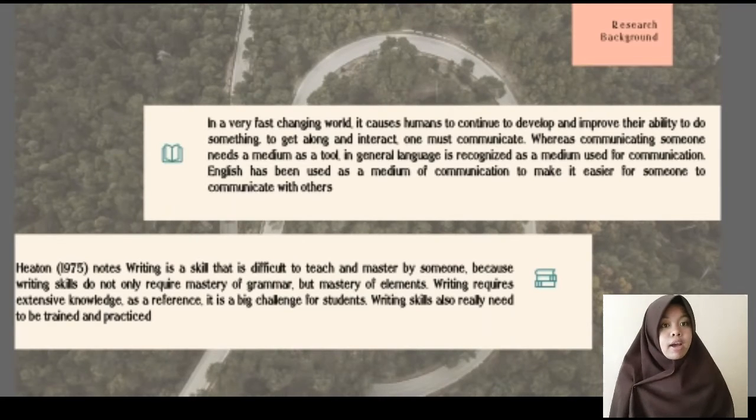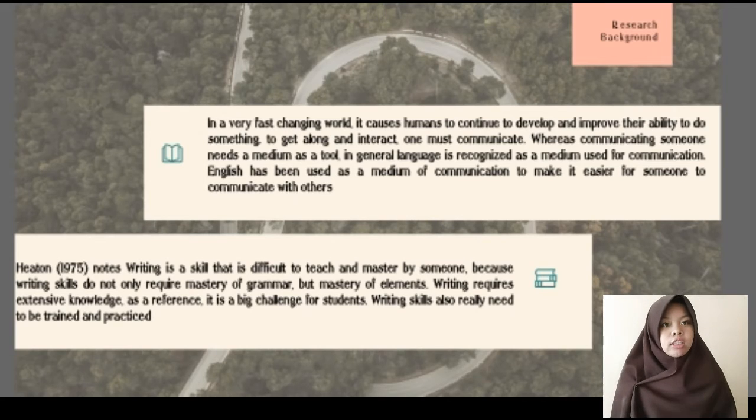Language can be defined as a tool used by each individual to interact with other individuals, and each individual needs language. According to Mueller, 1877, humans cannot think without language. The position of language in humans is the main thing that distinguishes humans from animals.